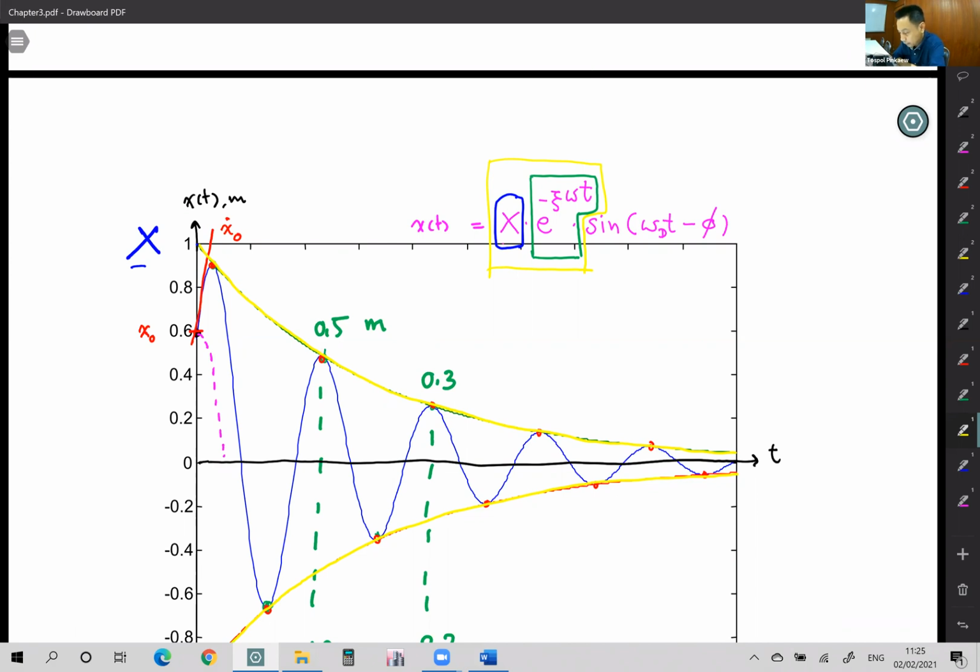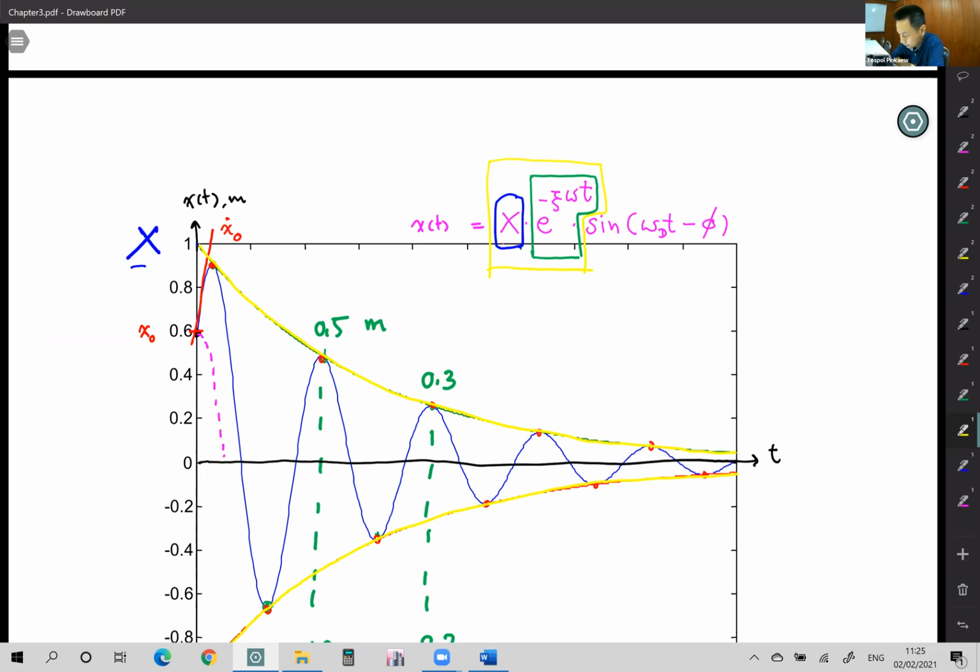The product of the big X multiplied with e to the power minus zeta omega t creates the envelope to my building, controlling the vibration within this envelope.